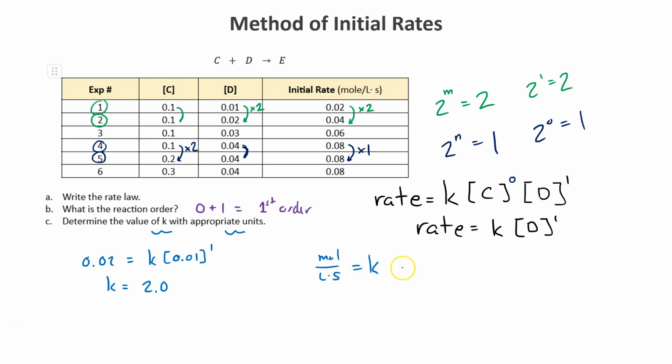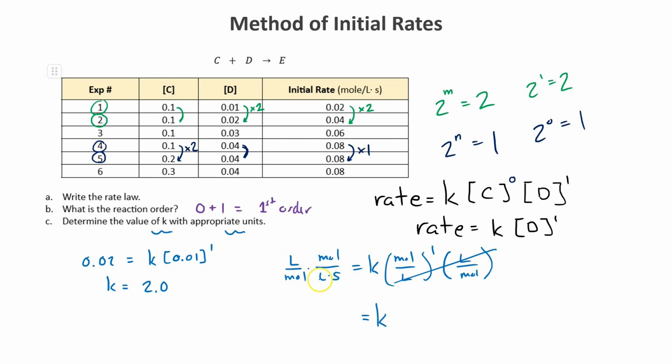The k value is what I'm solving for, and the concentration is of course always moles over liters to the first power. So again, we're just solving this, but now for units and rearranging them rather than with an actual number. Here we would multiply both sides by the reciprocal to cancel this off, leaving us with k equals. So we've got to multiply this side by the same, liters over moles.